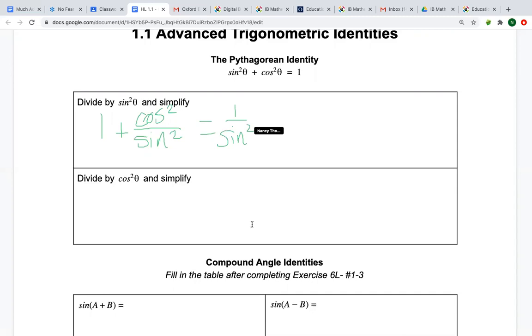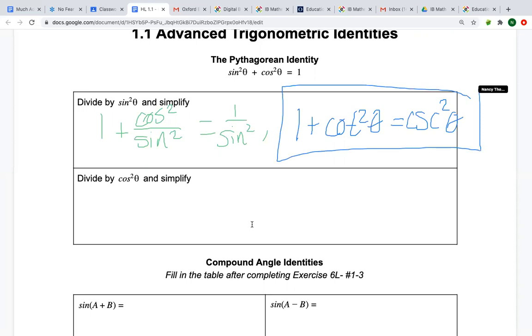And if we were to rewrite this, using those identities we learned on the last page, this is the same thing as 1 plus cotangent squared is equal to cosecant squared. So this is just the same equation written in a different way.